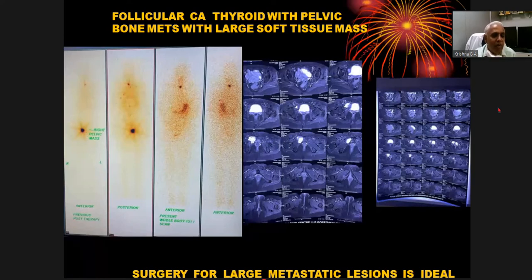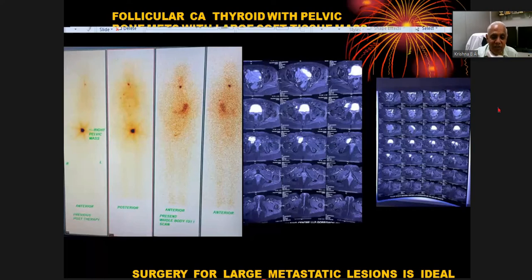But what happened was that if you see, if I could carefully see here, there are 2 or 3 dots in the chest area which we see. These were lung mets which were seen on the CT, but the uptake was less because most of the radioiodine took up by the large soft tissue mass. So in such a scenario, if we continue to treat with radioiodine, it doesn't make sense because we will not achieve any ablative therapy for a lung metastasis.